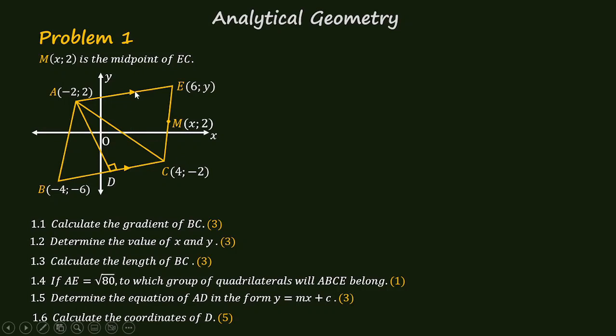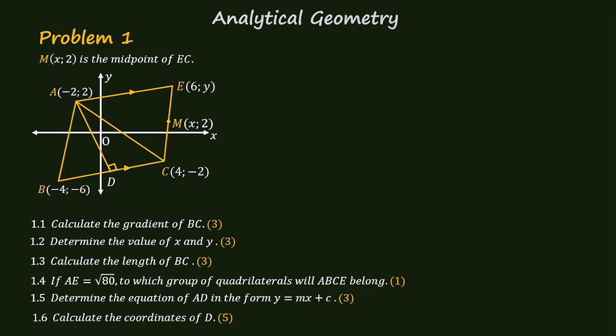And the line AD is perpendicular to the line BC, shown by the 90 degrees over there. That information is important, and it tells us more about what we might need to use when we solve most of the problems in this question.